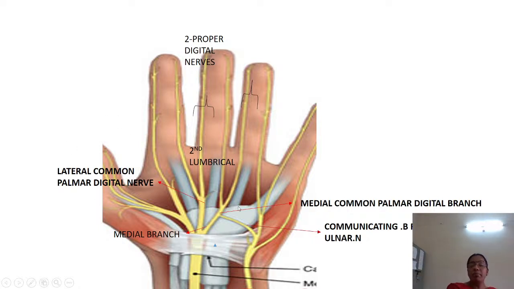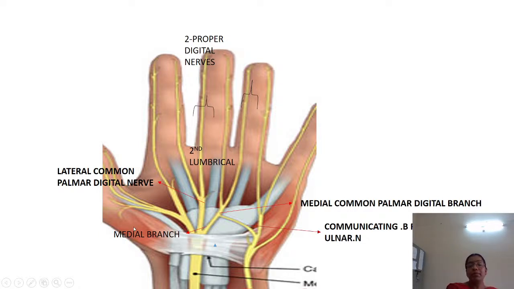The medial common palmar digital nerve receives a communicating branch from the ulnar nerve and divides into two proper palmar digital nerves, which supply the adjacent sides of the middle finger and the ring finger.